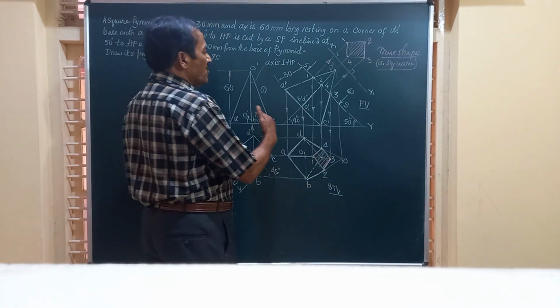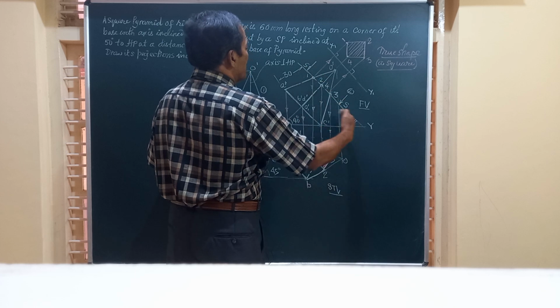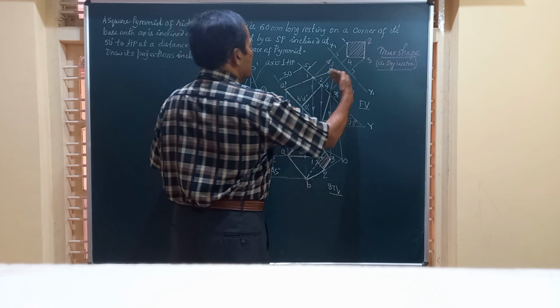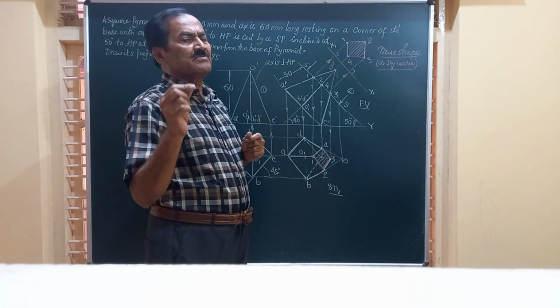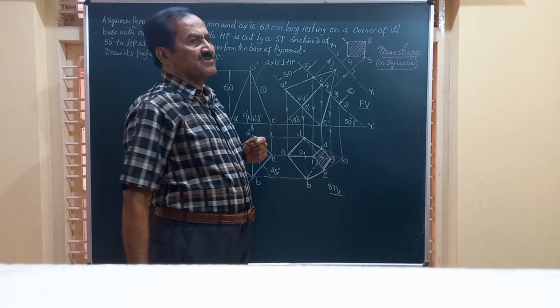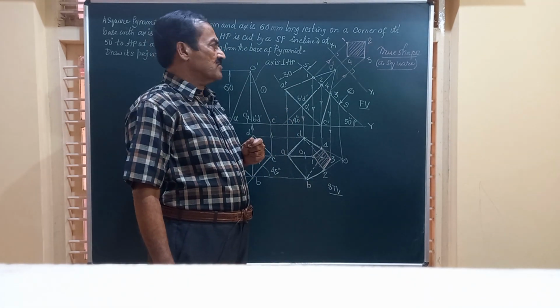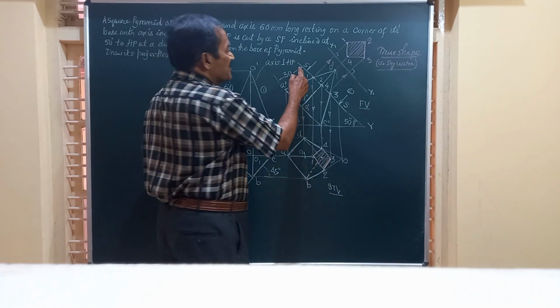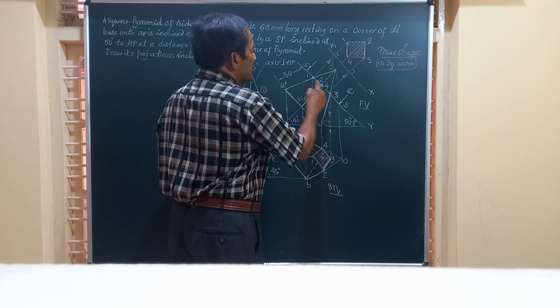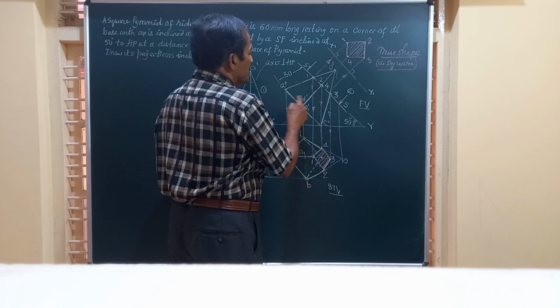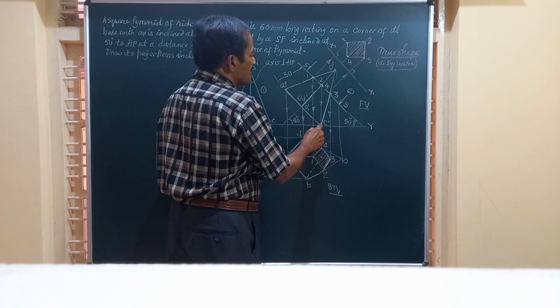Friends, whenever you hold a mirror parallel to the section plane, whatever image you get in the mirror is the true shape of the section. And as I have told before, since the section plane is parallel to the base, the true shape you get across this section is going to be a figure similar to the base.